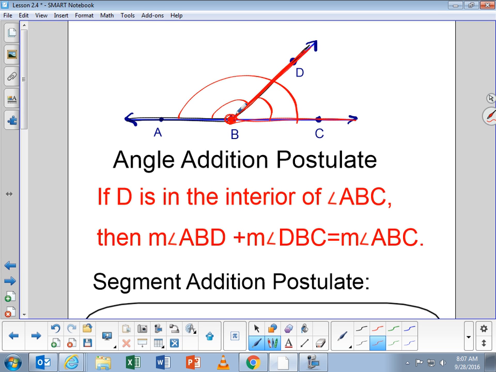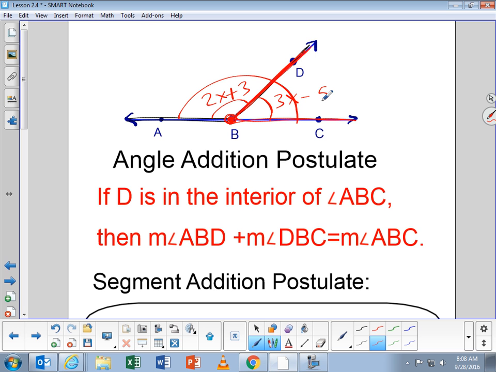Anytime you see a picture and you make that first statement, the reason you know that's true is because of this postulate. So if you're asked to write a simple proof, and you start out by saying that 2x plus 3 plus 3x minus 5 is equal to 180.